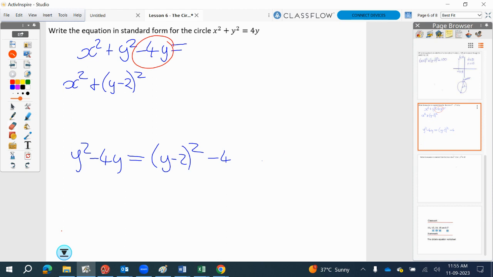Now I say they balance. Do they? Does this equation balance? I'll show you. If we expand the bracket, we get y squared minus 4y plus 4 minus 4. I balanced it.